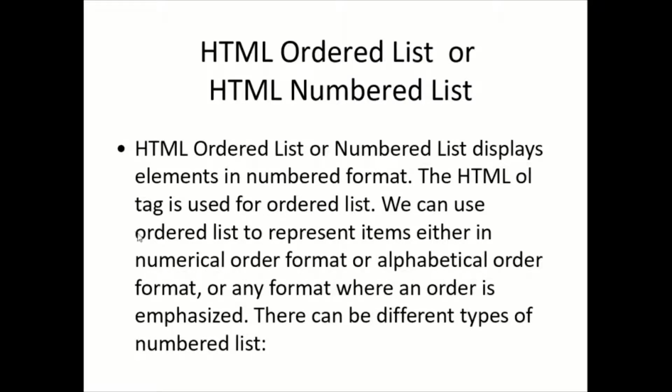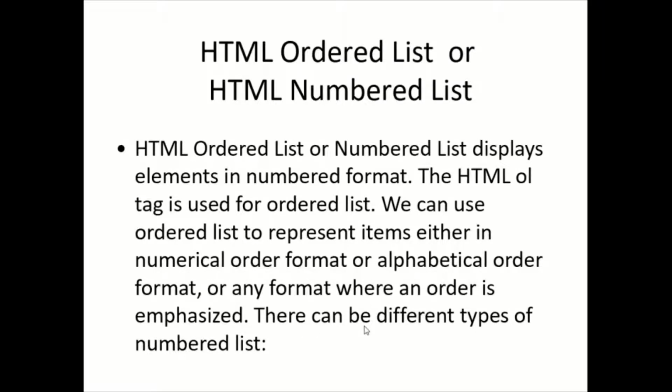We can use an ordered list to represent items either in numeric order format or alphabetical order format, or any format where an order is emphasized. Based on your requirement, you can choose the type of the list.